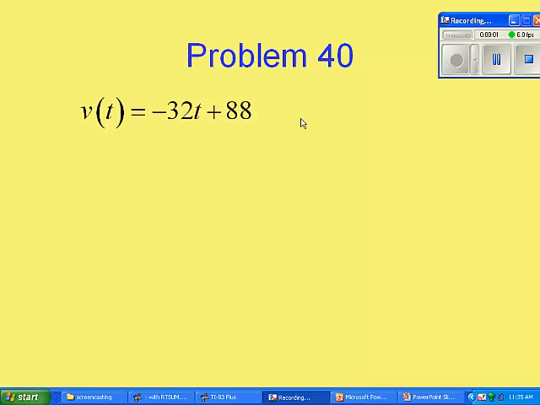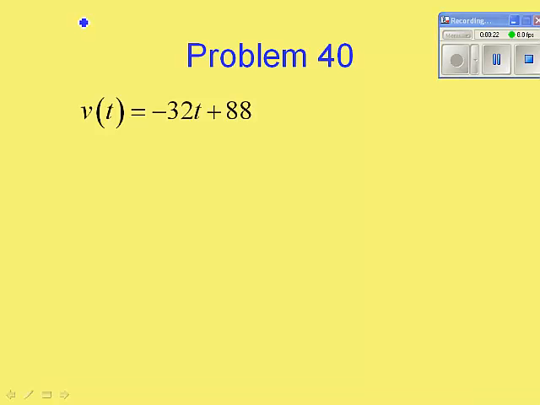Okay, so in problem 40, they write the function v of t is negative 32t plus 88. This is more of a science application, but I think it's a nice one to help your understanding. You know what v stands for? Velocity at a time t. Here, t is time in seconds, and v is velocity.